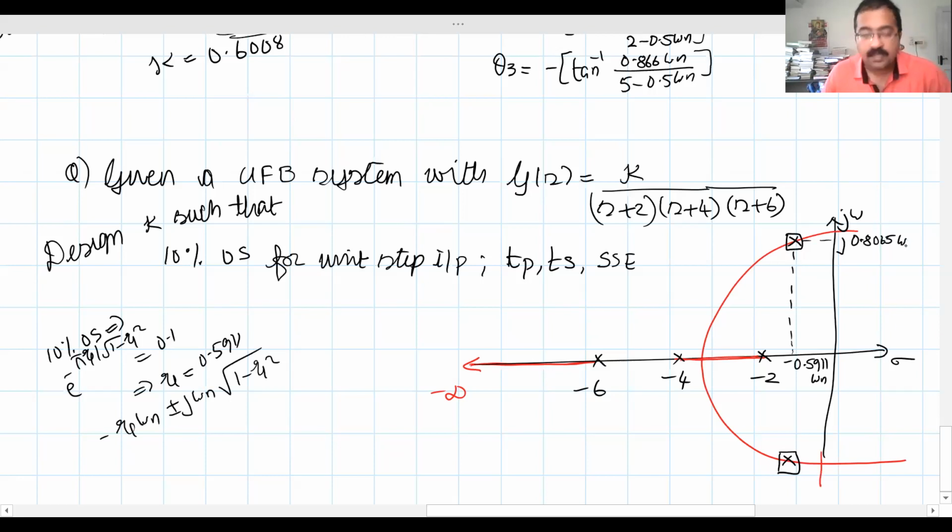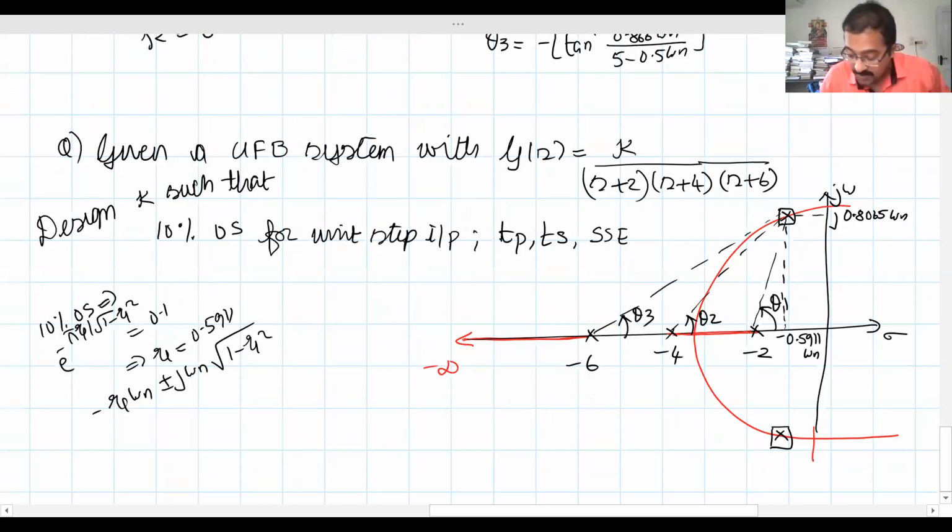Okay, now if this is to be on the root locus, then the net angle at that point must be 180 degrees. Okay, so you connect all these things with this. So this is theta 1, theta 2, theta 3. If it's to be a dominant closed loop pole, then the net angle at that point must be 180.